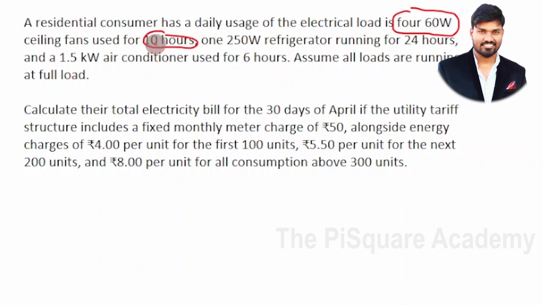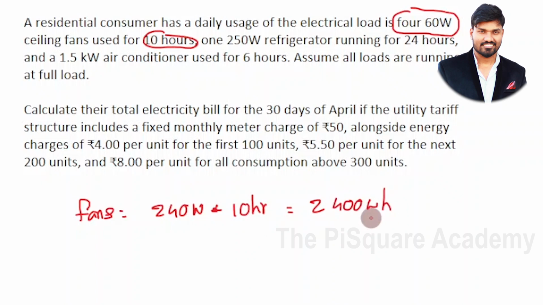So how much is this contributing? 4 fans, each 60, so this itself is 240 watts, working for 10 hours, so it is 2400 watt hour. In kilowatt hour, you write 2.4 kWh.